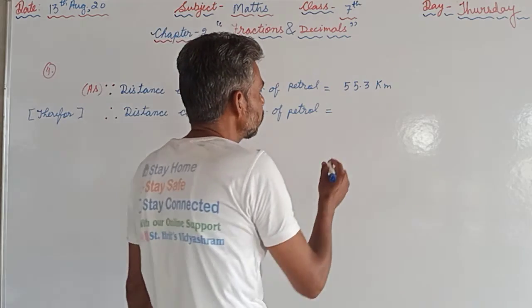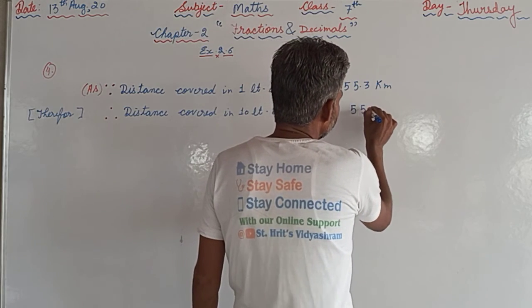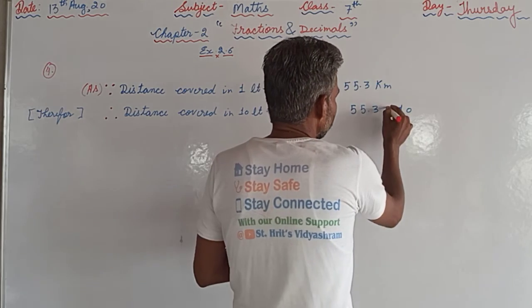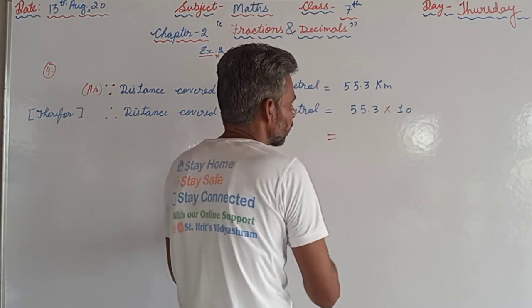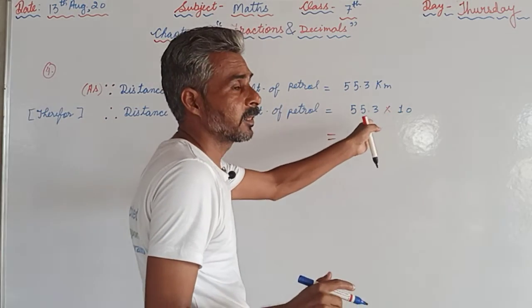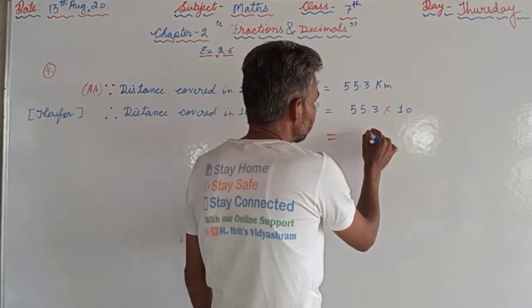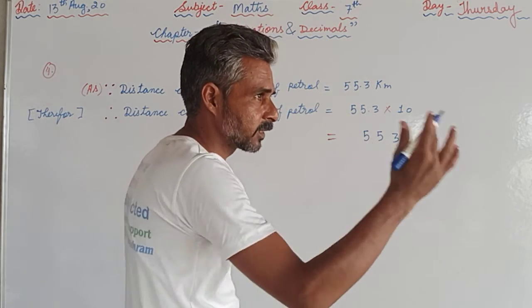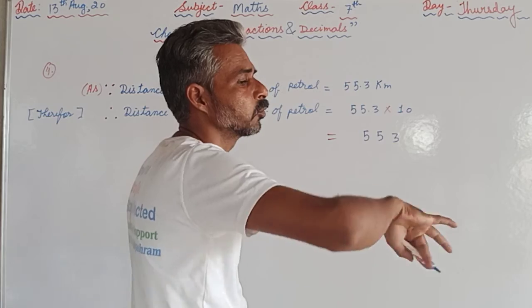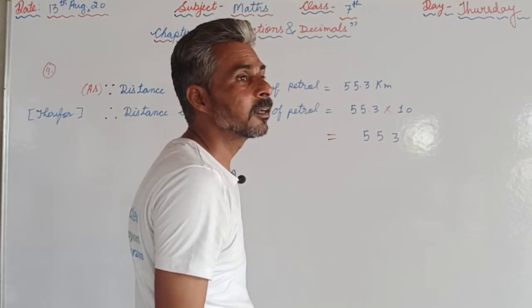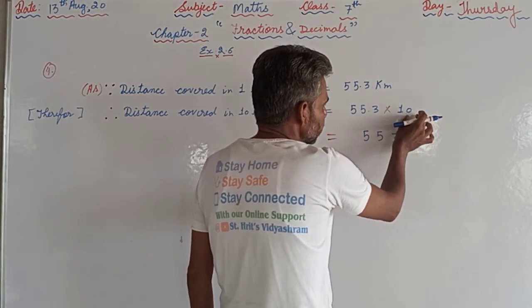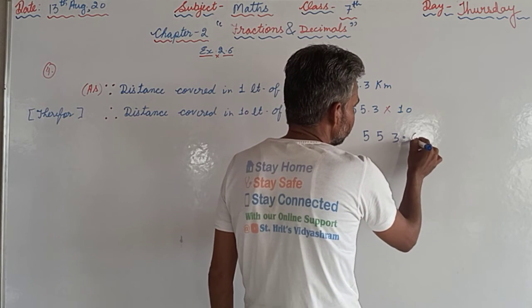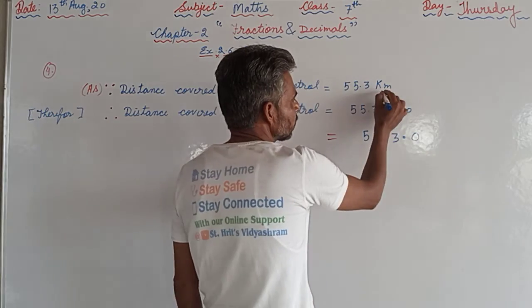For more we are supposed to multiply 55.3 and 10, and the number has to be multiplied by 10. So we will write the number and then we will displace the decimal to the right hand side by the number of zeros. The number of zeros is 1, so the decimal is here, it will move this side, and after the decimal we can place 0.